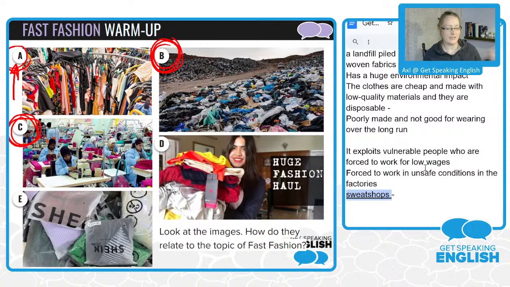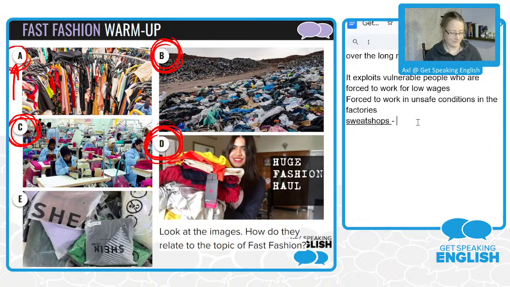How about D? How do you think D relates to this topic? What would you say about this girl here? She has this pile of clothes. Let me know what you think about her, and how this image relates to fast fashion.